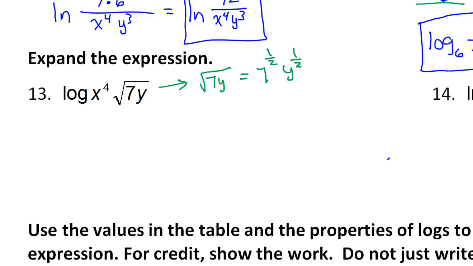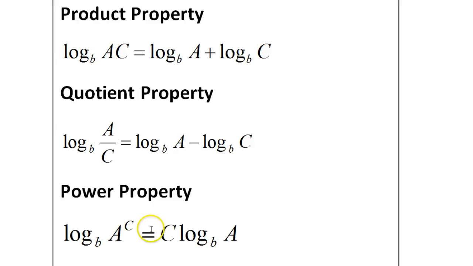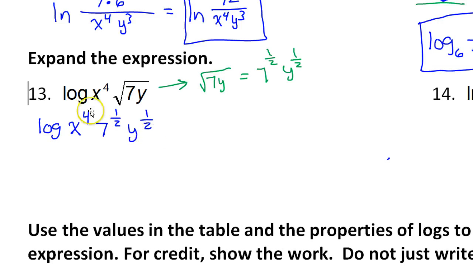So before we even begin the problem, let's rewrite it like this. So we will have log x to the 4th power 7 to the 1/2 power y to the 1/2 power. That's important because this way we have our 3 separate things, and we have these powers that we can use the power rule to put in the front.